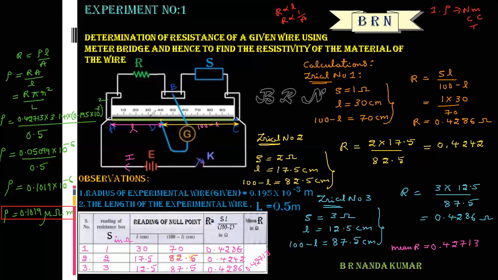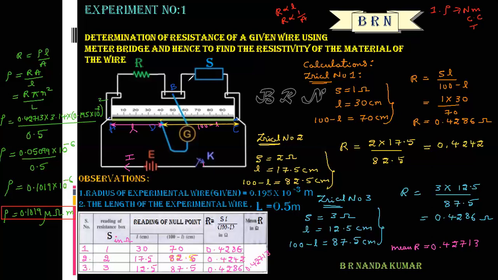So the next question: balancing length as measured from the left side in a meter bridge is more than 50 centimeter. If R and S are resistances in the left and right gaps respectively, then which resistance is greater?